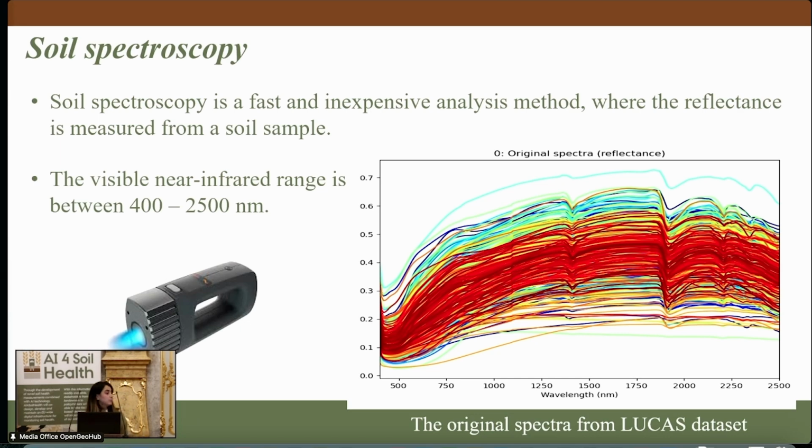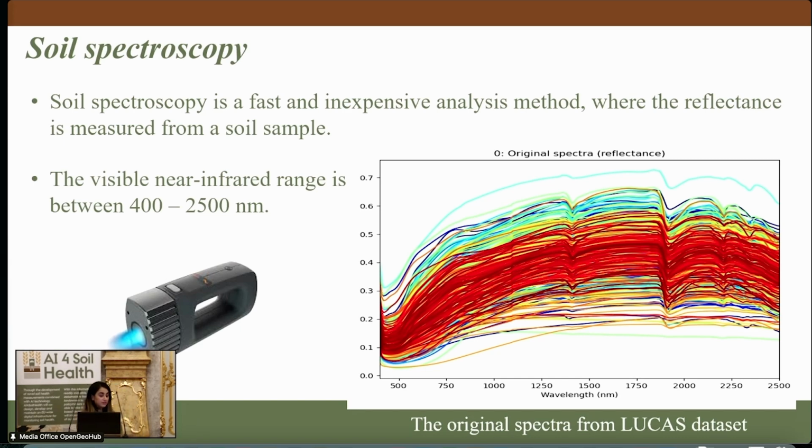But what is soil spectroscopy? We can simply define it as the study of the spectral signature of the soil. Soils are formed from different compositions, from organic matter, from clay, and those different compositions have different absorption as well.